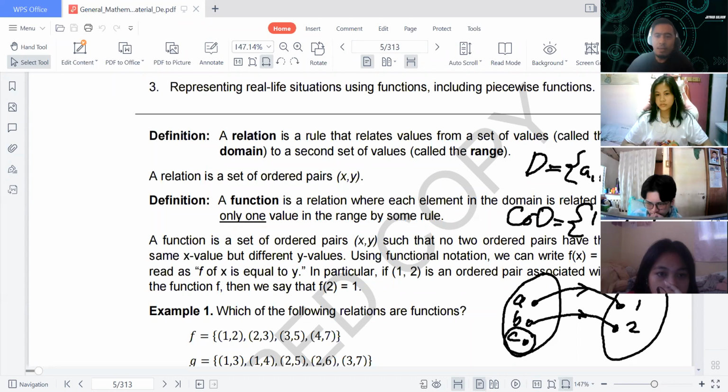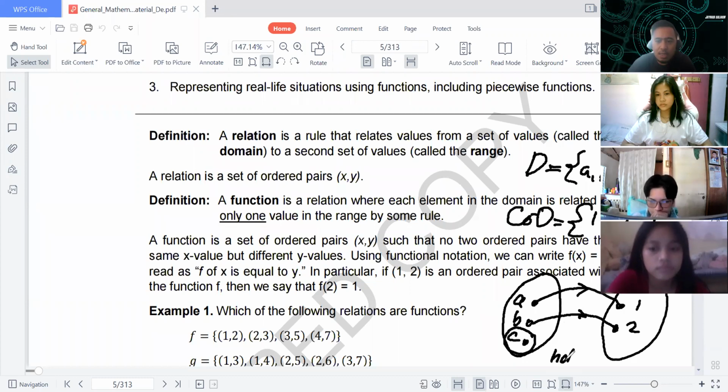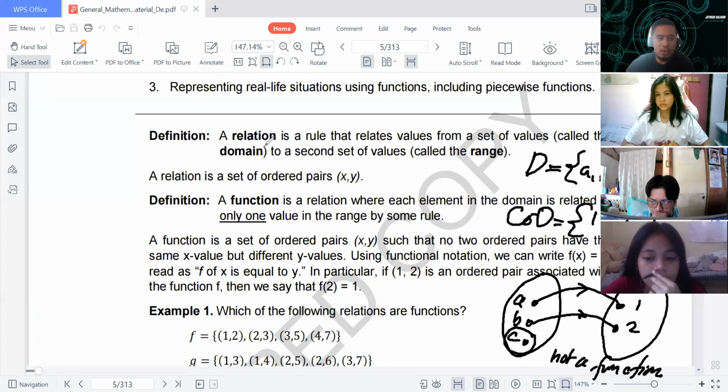I know C is here, but the problem is that C was not assigned. You see? So in this case, this is not a function. But still, this is a relation because you assign at least one element from the domain to the codomain. Clear? Did everyone understand?